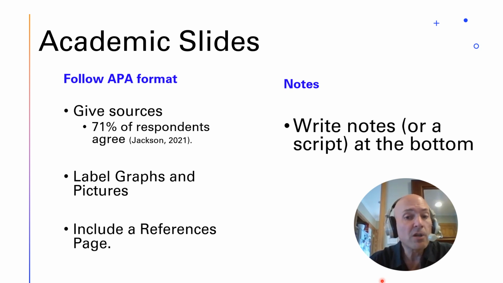In addition, if you're doing this for a company or for a class, these notes can be included in the presentation. So if you print up the presentation, you can also print up the notes as well.